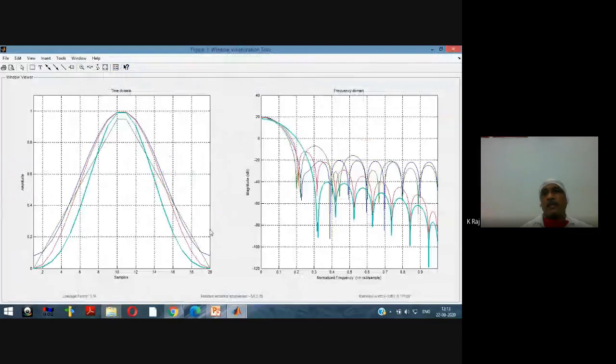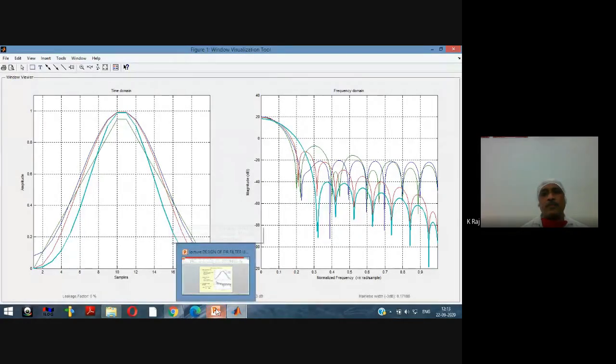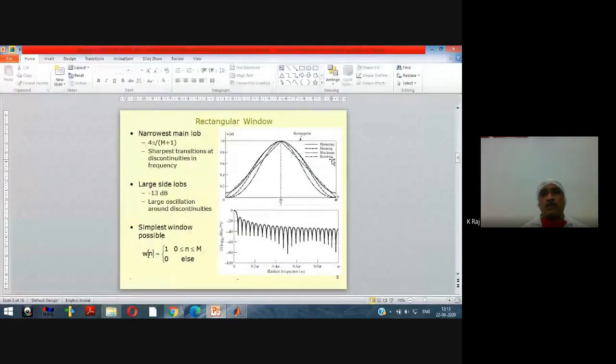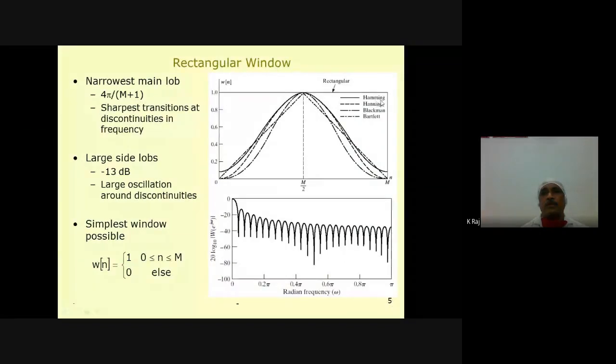We can compare these windows, having the different windows, and we can also put here the legends as we have discussed in the previous lectures for the different colors and the different windows. And the same has been presented in this PPT also, how we are comparing the performance of the different types of windows, that is the Hamming, Hanning, Blackman, and Bartlett windows with the rectangular window.